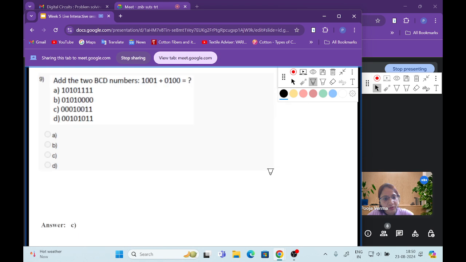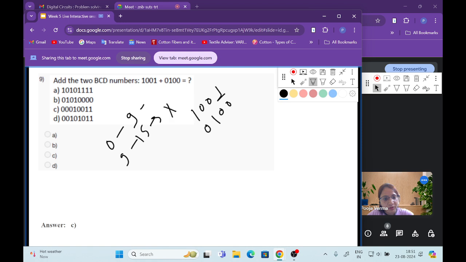The next question is, add the two BCD numbers: 1 0 0 1 and 0 1 0 0. BCD stands for binary coded decimal. You have already studied that a BCD number is valid only for 0 to 9, and from 10 to 15 it is not a valid number.